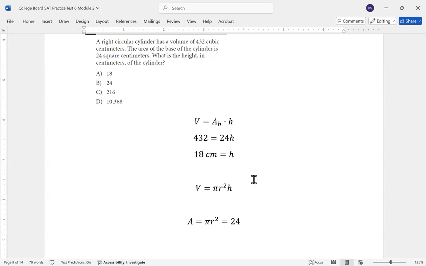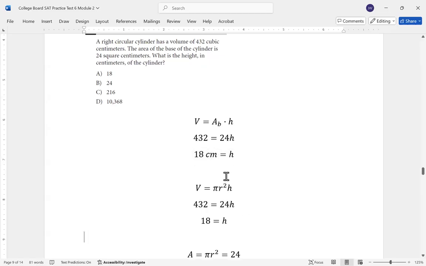And therefore, the volume, which is 432, is equal to 24h. I'm replacing the pi r squared with 24. Then we're back at the original thing, so I can divide both sides by 24 and end up with 18 as the height of this right circular cylinder.